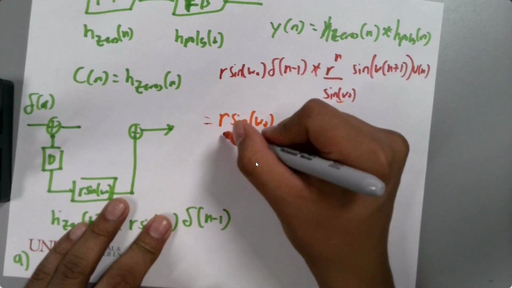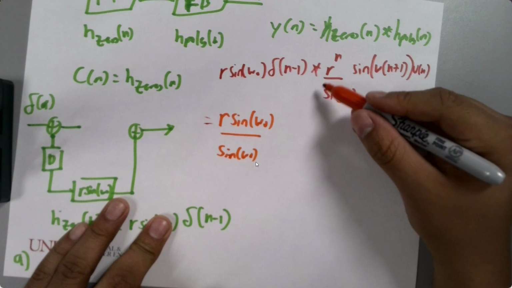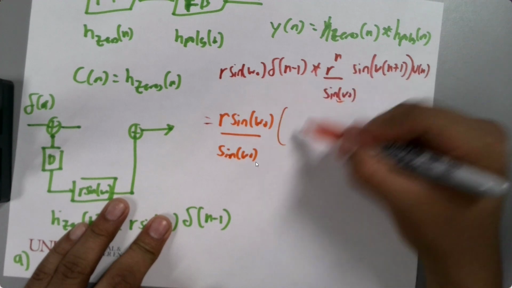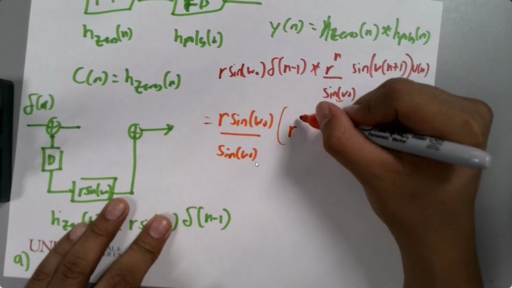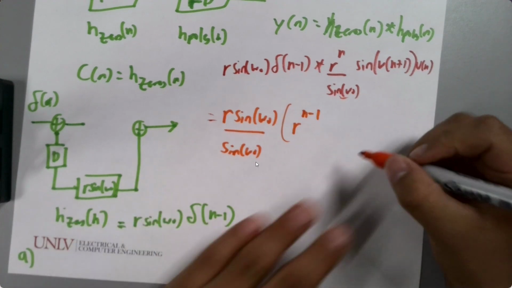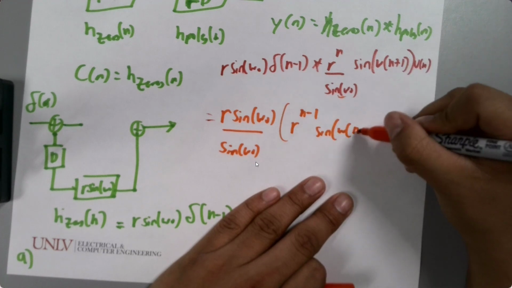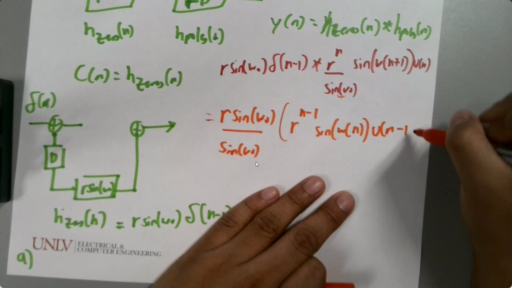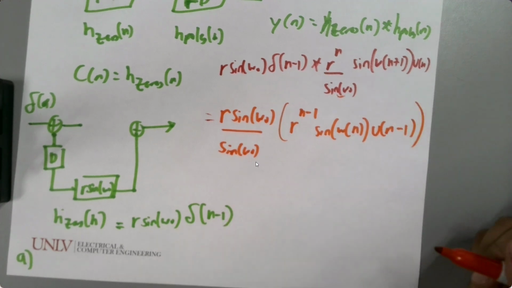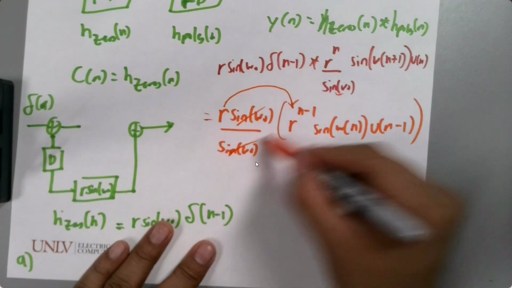I'm just going to pull that down here. And then what we're going to do is shift all the n's by 1. So r of n minus 1, sine of omega, n plus 1 just turns into n. And this u of n turns into u of n minus 1. And then you start seeing the pattern. Oh, this r can multiply here. This cancels with that.